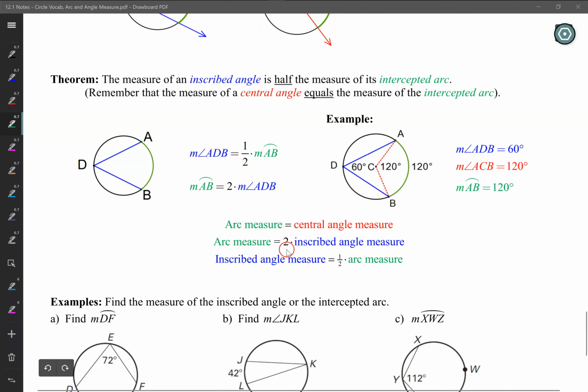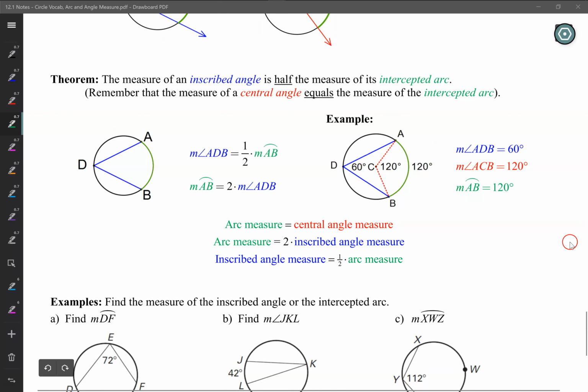But the arc measure is 2 times the inscribed angle measure. So the measure of arc AB, 120, is 2 times the measure of angle ADB, 60. Or flip it around. The inscribed angle measure, angle ADB, the 60, is half of the arc measure, 120.